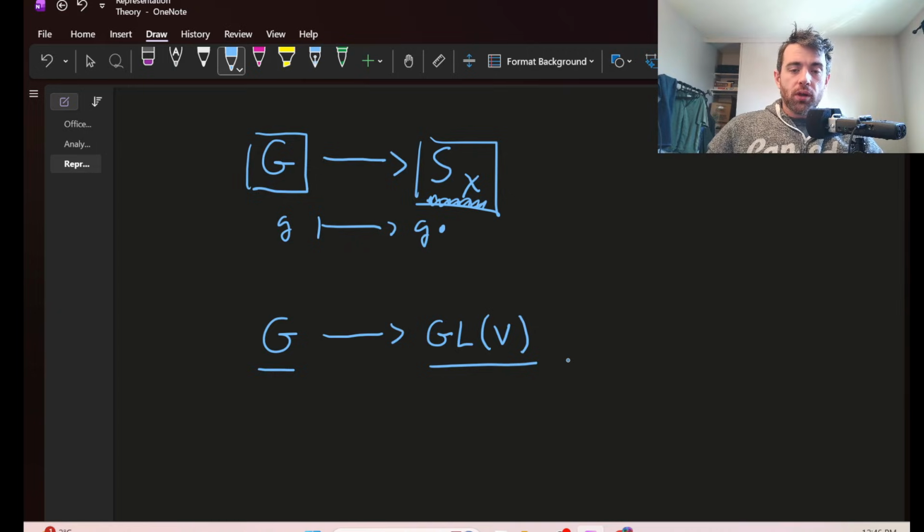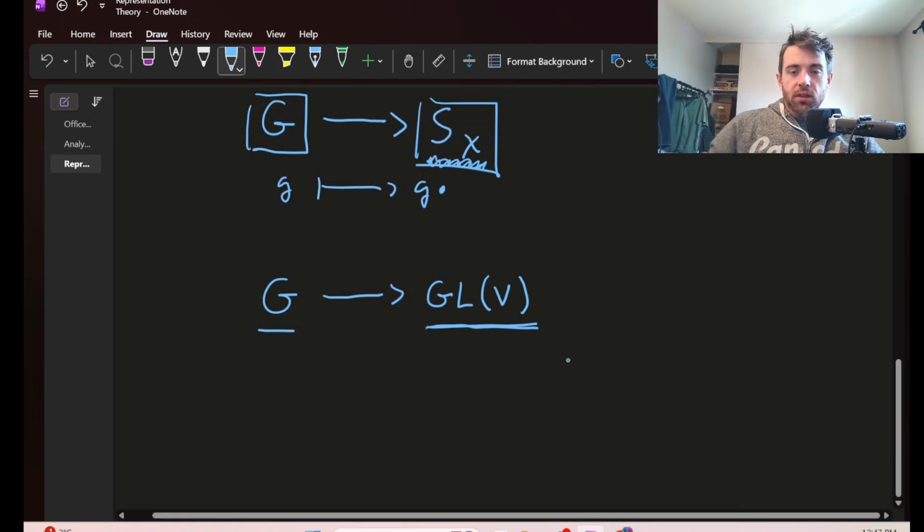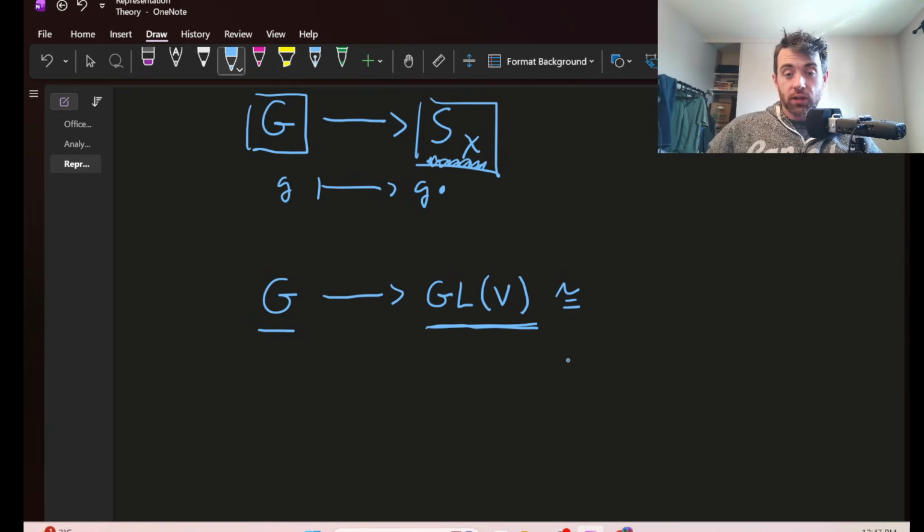So one thing that we often do, speaking of finite groups and finite dimensional vector spaces, what do I really mean by GL(V)? Well, if V is n-dimensional, then by picking a basis, we know that every linear transformation can be represented as a matrix. And so really, now I guess I haven't specified, this is a vector space over some arbitrary field.